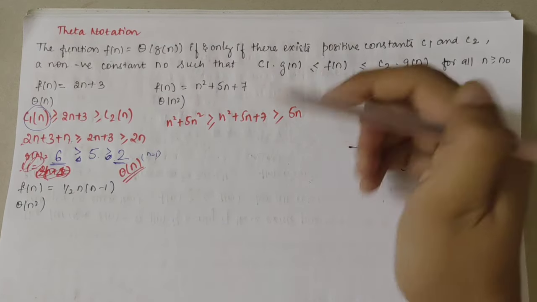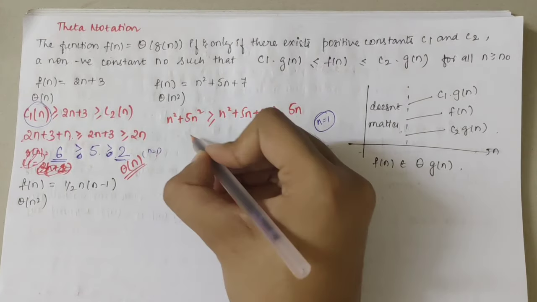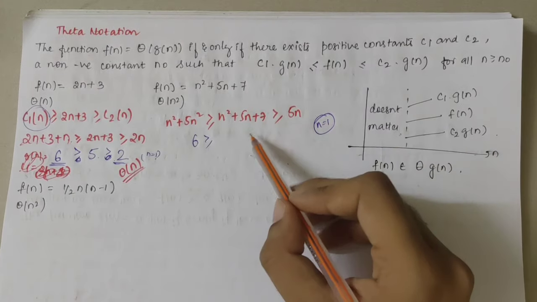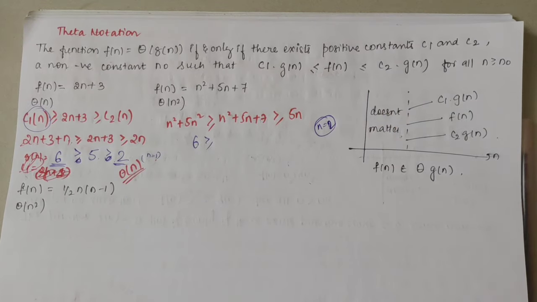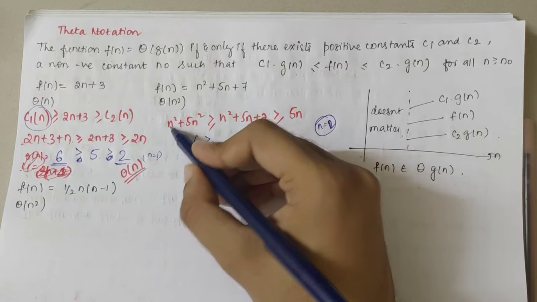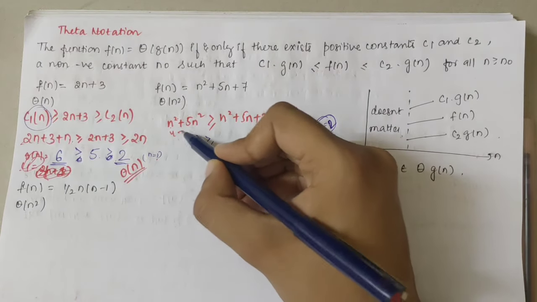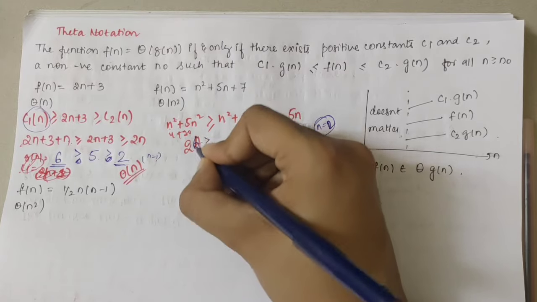If I take n value as 1, here I get 1 plus 5, that is 6. Okay, I'll take n value as 2, it'll work out properly. So 2 square is 4, 4 plus 5 into 4 is 20. So here I have 24.